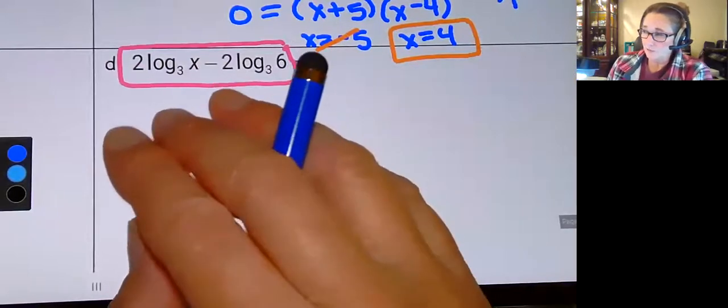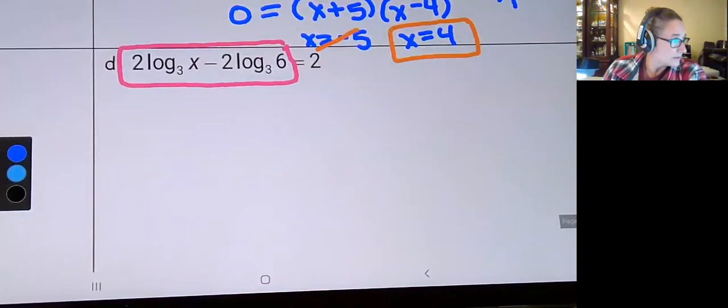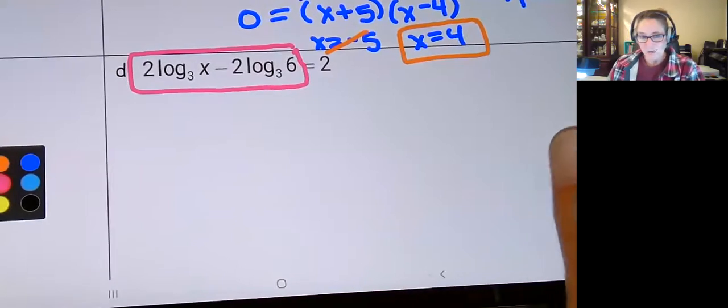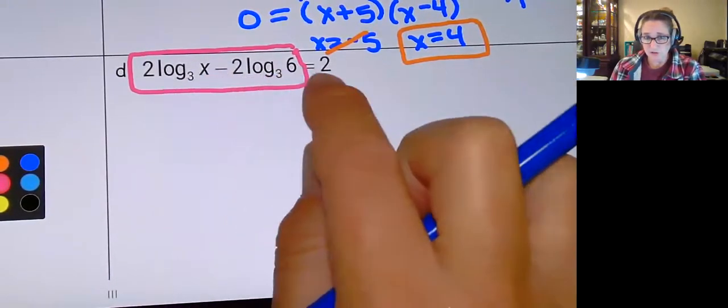Now for this one, what I personally would do is I notice there's a 2, a 2, a 2 in front of it.